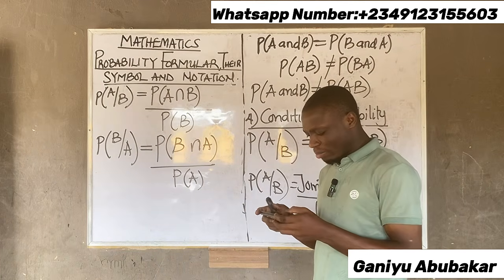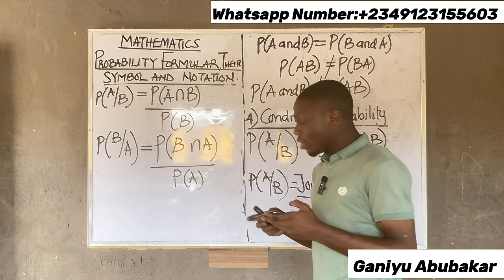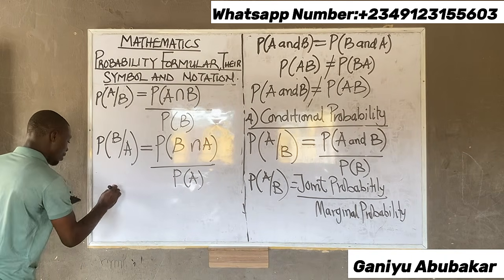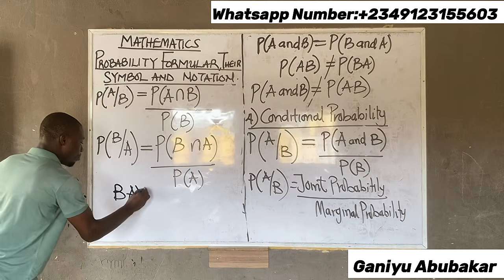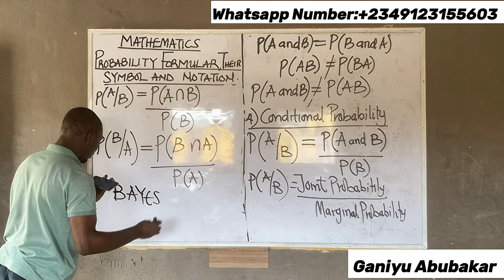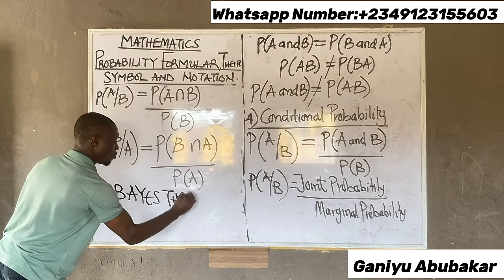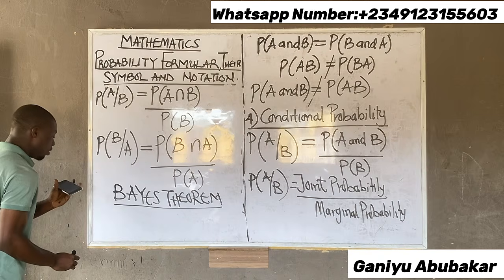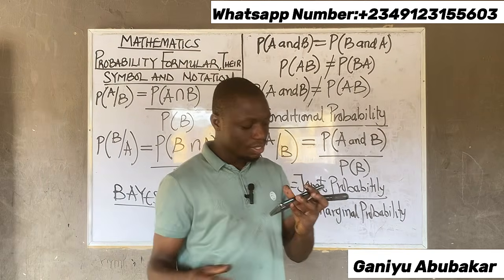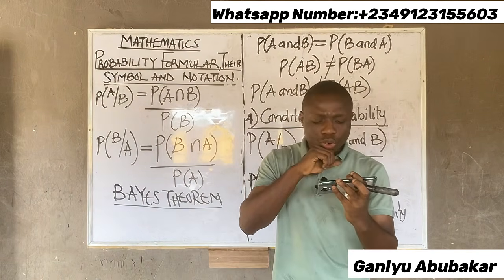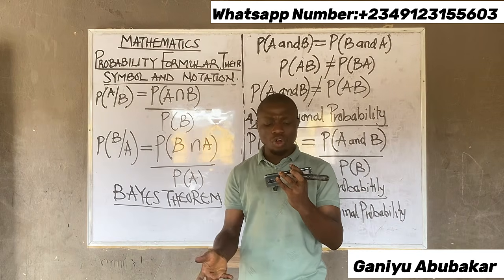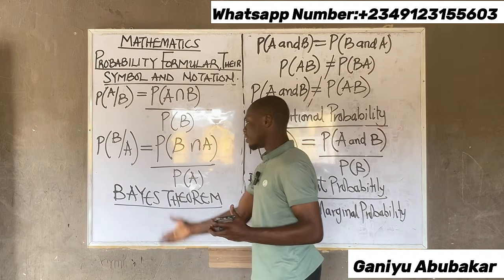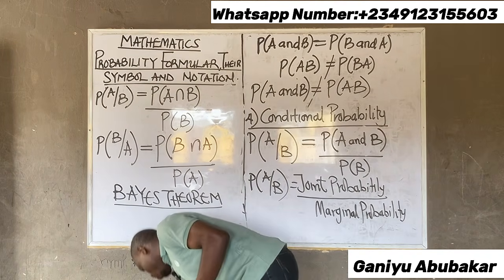So the next thing is something called Bayes' theorem. Let's look at the concept of Bayes' theorem. Put it down under this, please. Another way in which you can calculate the probability of A will occur given that B has already occurred is known as Bayes' theorem.